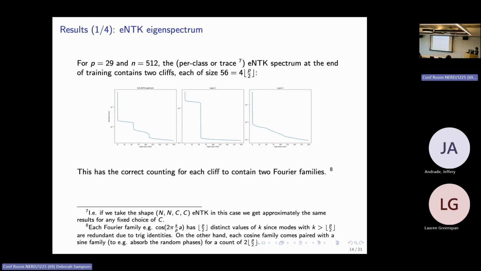On the other hand, each of these cosine families comes paired with a sine family that absorbs all these random phases in the solution. So each full family has a count of 2 times floor of p over 2. So each cliff contains 2 families, or has the right counting to contain 2 families. So far we haven't shown that that's actually what happens.